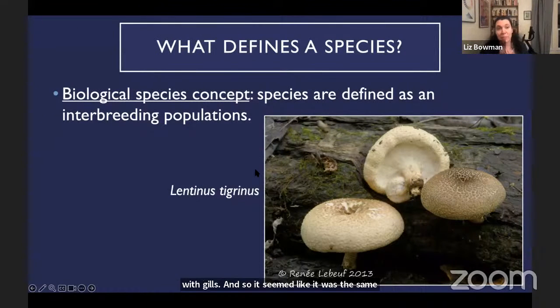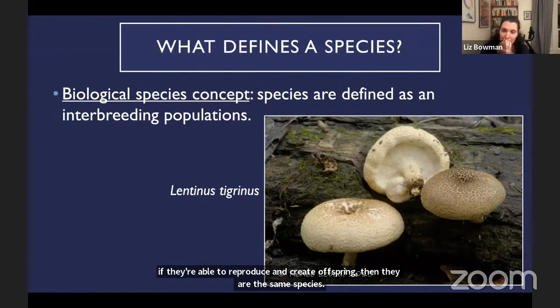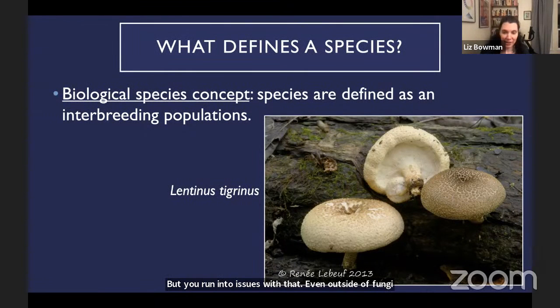So this brings us to the biological species concept, which defines species as an interbreeding population. If they're able to reproduce and create offspring, then they are the same species. But you run into issues with that, even outside of fungi. If you think of a liger, it's a tiger and a lion, they can mate and create offspring. I'm pretty sure it's sterile, but they still produce offspring, and they're obviously different species.